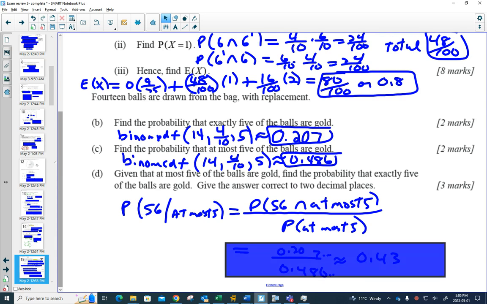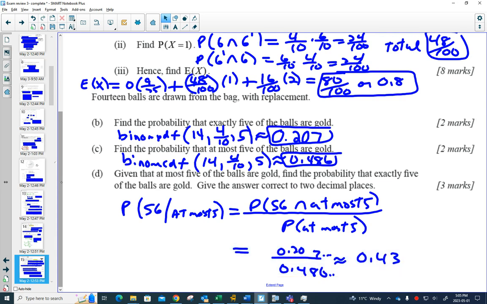And we figured out these values already. 5 gold and at most 5 will be the same as 5 gold. And at most 5, we calculated that, so now we're just dividing the two together and get 0.43.